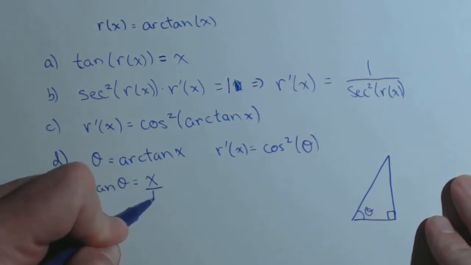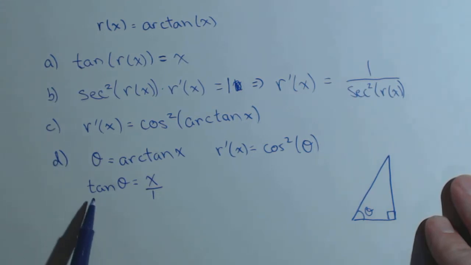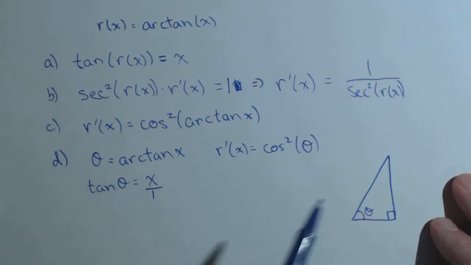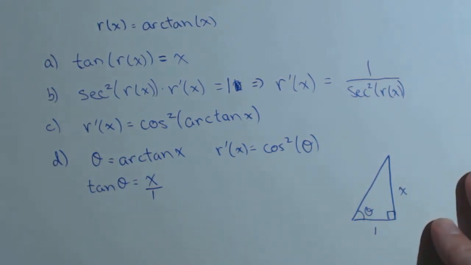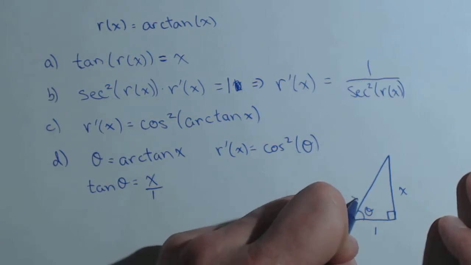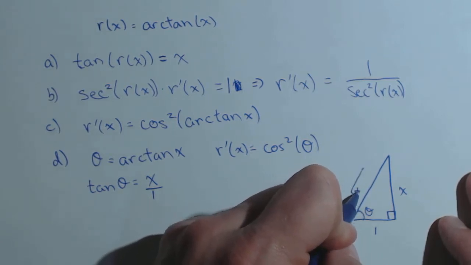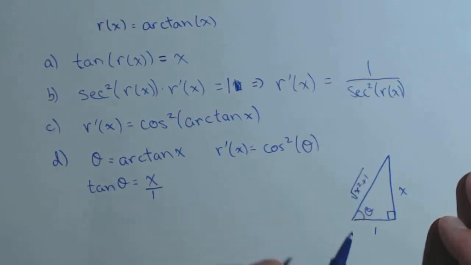And I'm going to rewrite this as x over 1. Remember, the tangent relates the opposite side and the adjacent side of a right triangle. So this side would be x, this side would be 1. And thus, by the Pythagorean theorem, this side would be the square root of x squared plus 1. So those are our three sides of the right triangle.